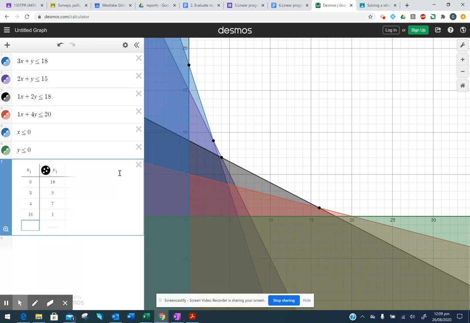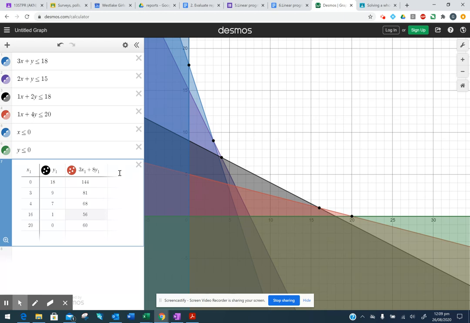And last but by no means least, my last coordinate is 20, 0. And now I need to type in my objective function. Remember, my objective function was 3 lots of x1 plus 8 lots of y1. And importantly, I need to minimize my cost.